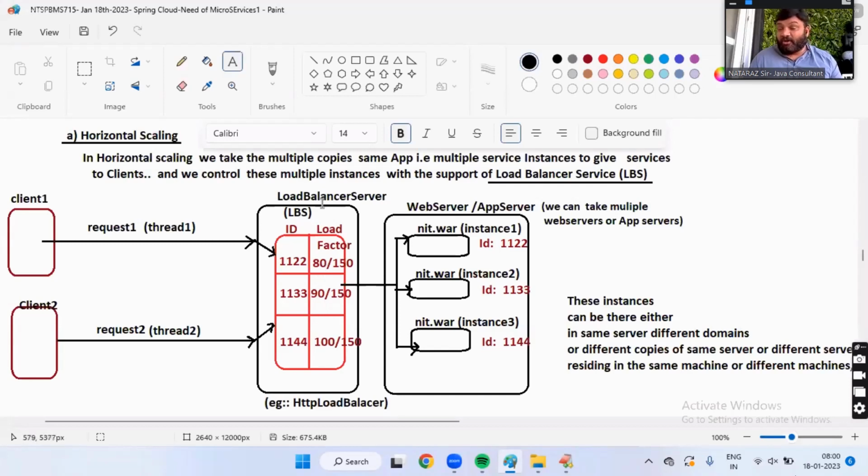Don't think this count always increases. Once requests are processed and the response is delivered, they are removed from the current load, and definitely that will reflect in the load factor, right, boss?